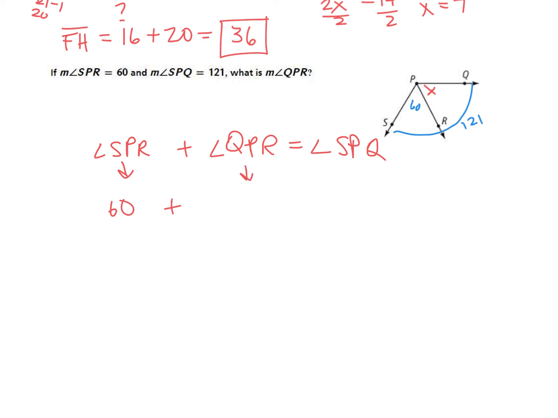Angle QPR is actually what they're asking us to find. We said that was X, but we know the big angle is 121. Now we have a pretty simple equation to solve. You can subtract 60 from both sides. X equals 61, and X was representing angle QPR. So angle QPR is 61 degrees.